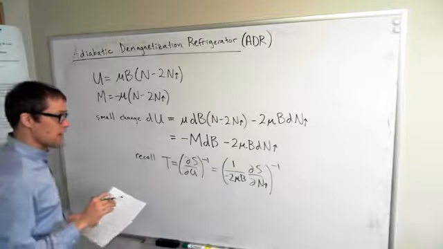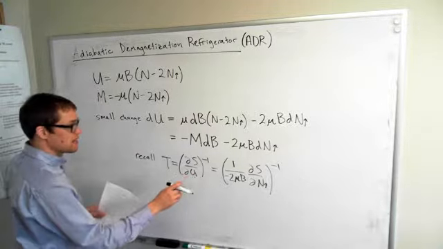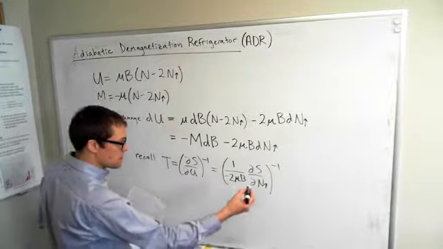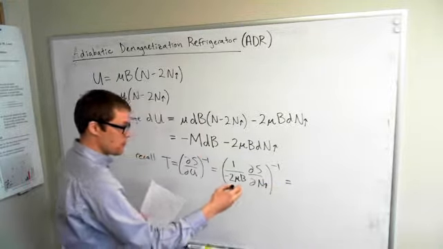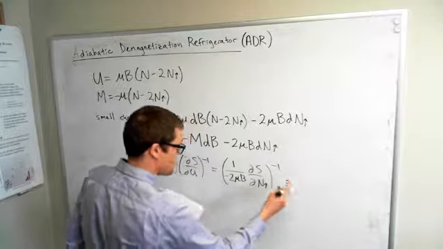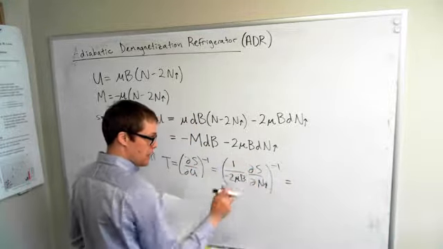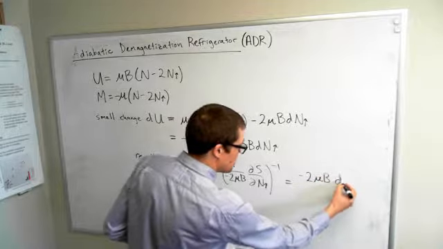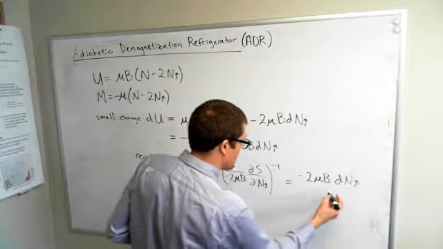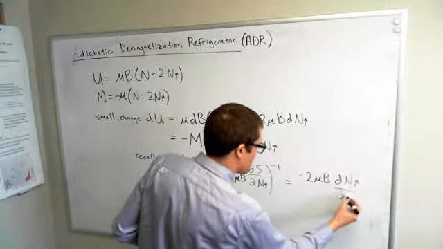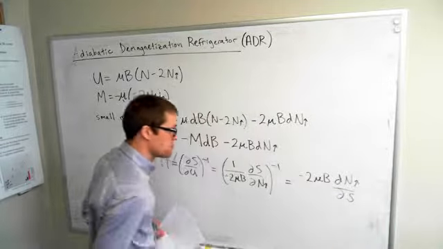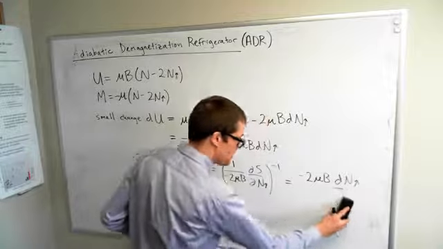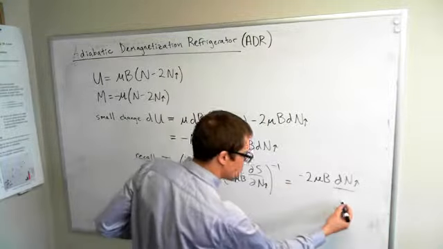Okay, so now let's rewrite this one more time here. I'm going to go ahead and invert it, take care of this minus 1. So we have minus 2 mu B dN up over dS, or, rewriting this considering small changes rather than these partial derivatives.